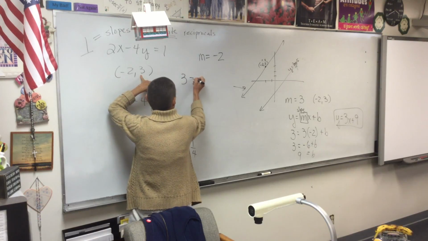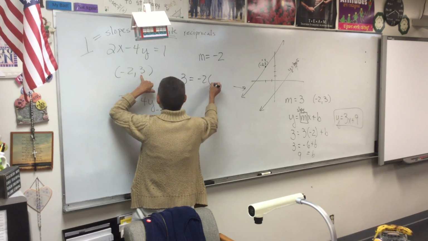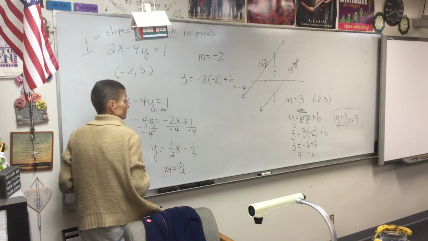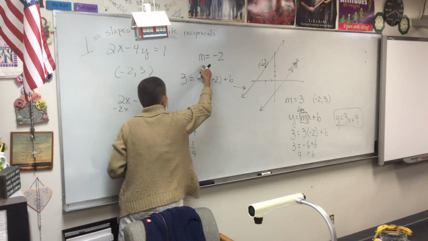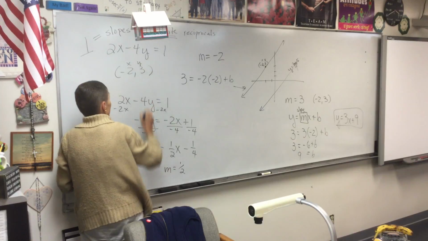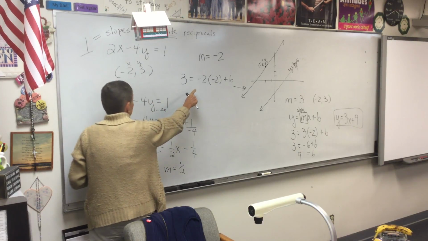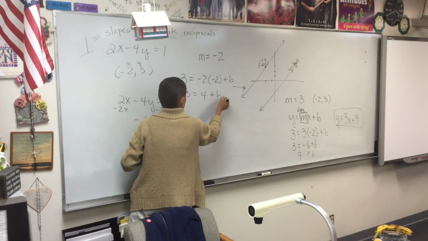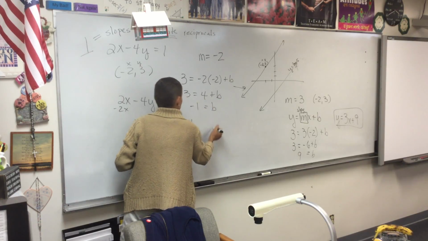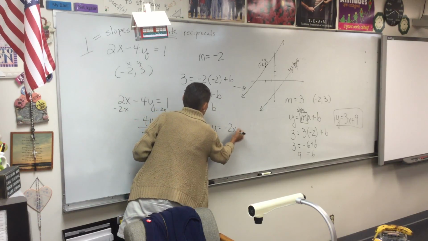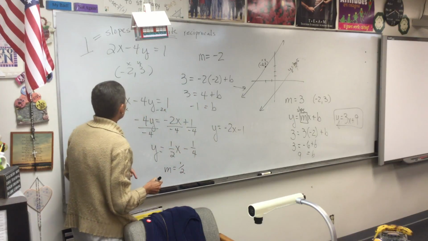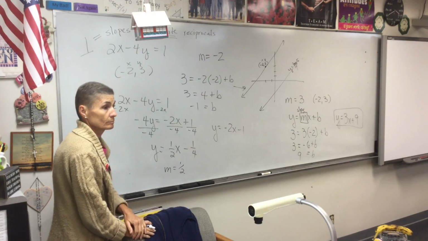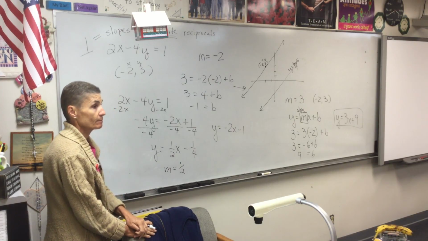y equals mx plus b. This is my m, this is my x and y. So y equals -2x plus b. I got -2x minus 1, but I'm open to corrections if I've made a mistake.